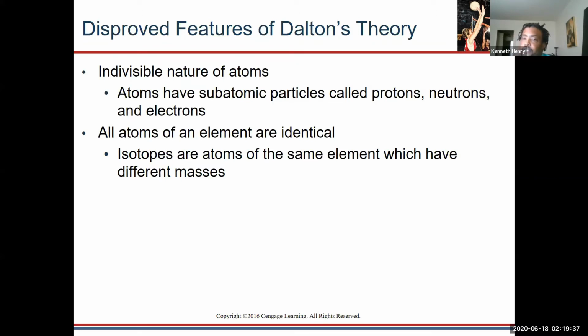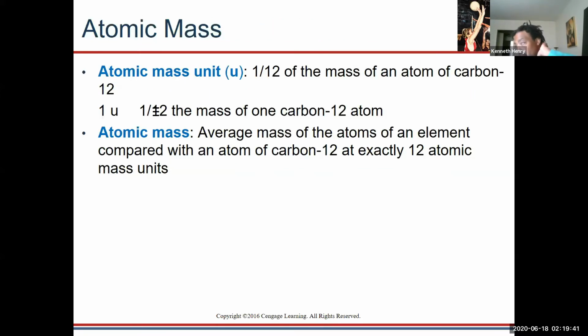Piece of cake? Okay, so everything in the periodic table was basically based upon carbon. Carbon kind of started everything. When we determined the average mass, it was based upon carbon, and we established that carbon was carbon 12, right?